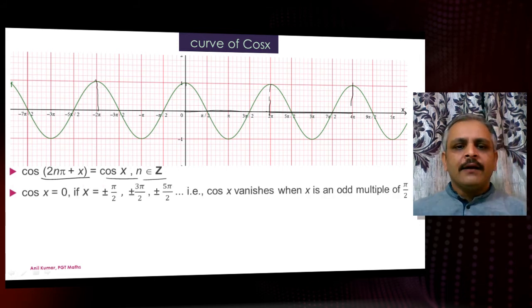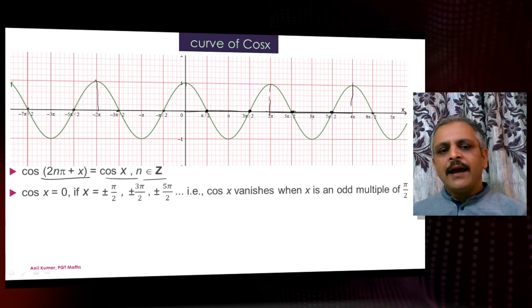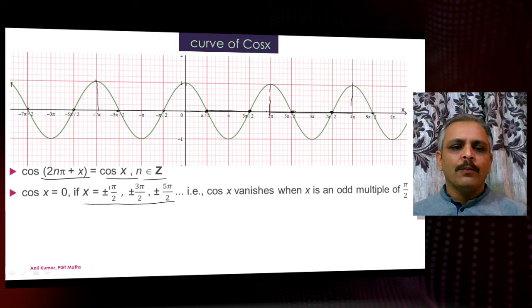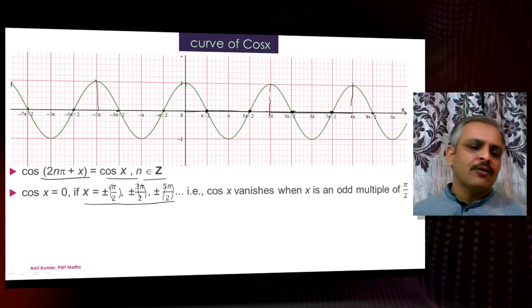Second thing, when will cos be 0? Cos will be 0 at pi by 2, at 3 pi by 2, 5 pi by 2, 7 pi by 2, 9 pi by 2, minus pi by 2, minus 3 pi by 2, minus 5 pi by 2, minus 7 pi by 2. Likewise, that means when x is an odd multiple of pi by 2, 1, 3, 5, so whenever the angle is an odd multiple of pi by 2, cos will become 0.